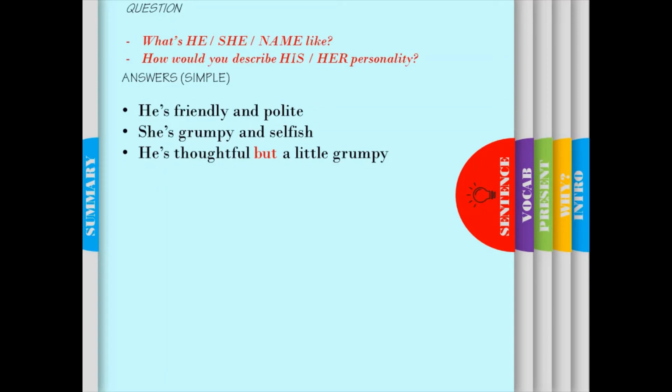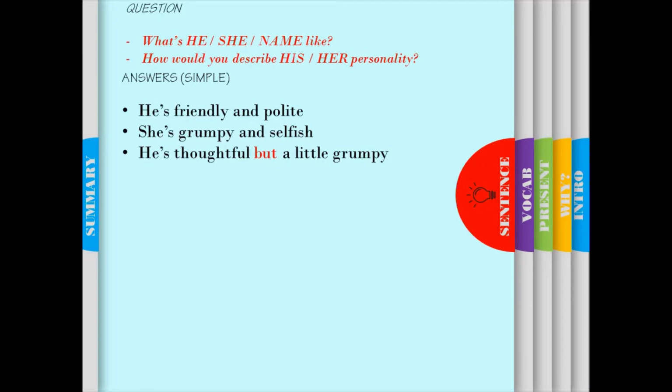You can see here we have thoughtful, this is from the positive category, and we also have grumpy from the negative category. Because we have 1 positive, 1 negative, we will use the word but instead of the word and to separate the positive and the negative. He's thoughtful but a little grumpy.